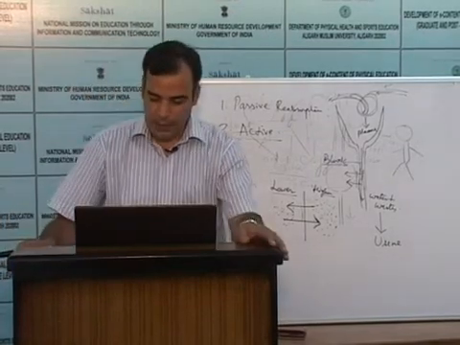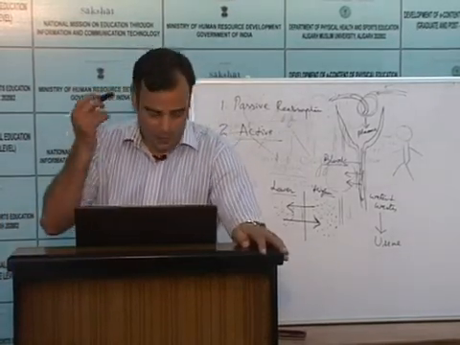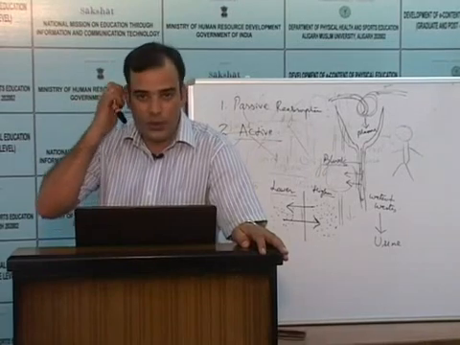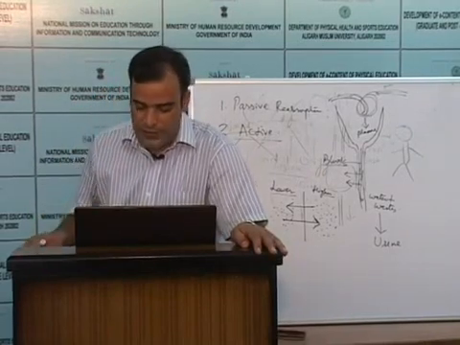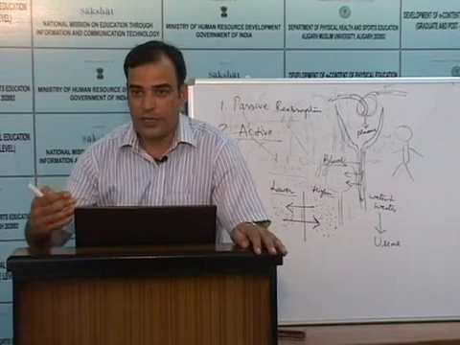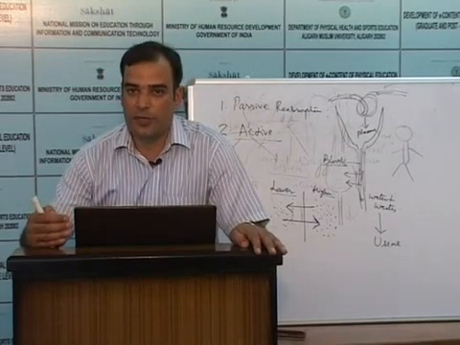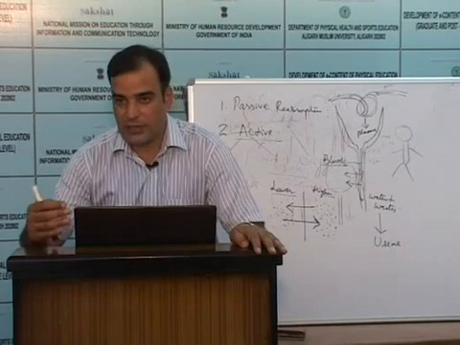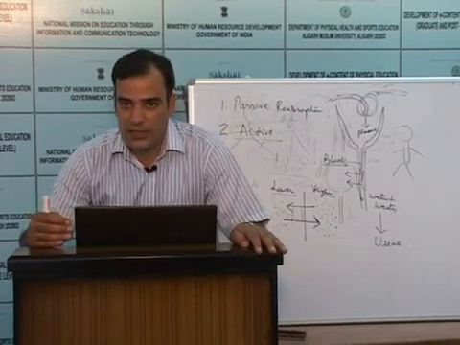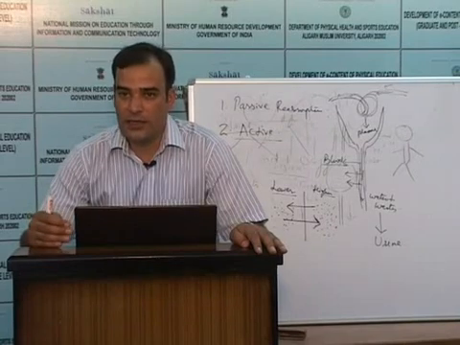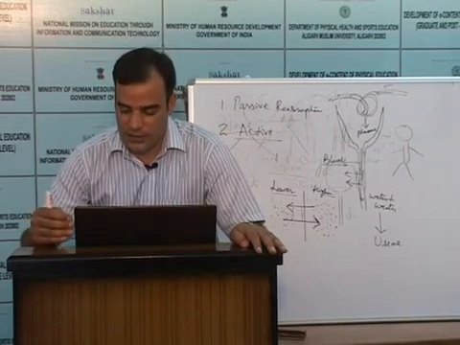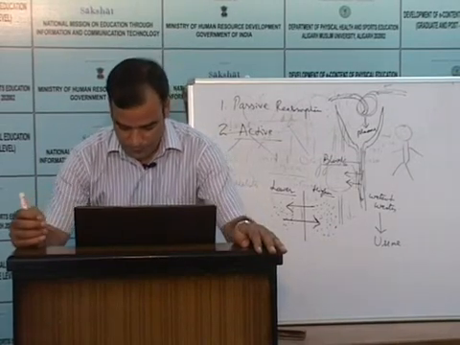Now let us take two important substances, water and sodium. If we analyze, we see that sodium is reabsorbed from all portions of the tubular portion of the nephron, that is, it's reabsorbed from the PCT, it's also reabsorbed from the loop of Henle, and it's also reabsorbed from the distal convoluted tubule.